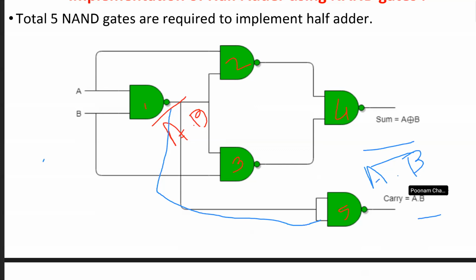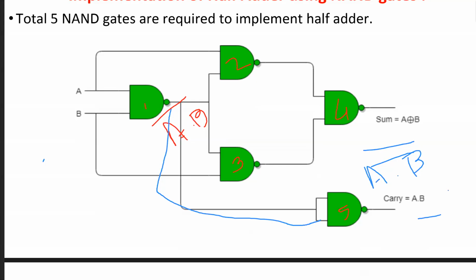Is this clear? Yes. Now similarly for gate number 2, you have (A dot B) whole complement as one input, and you have A as the second input, and both of them are NANDed together.